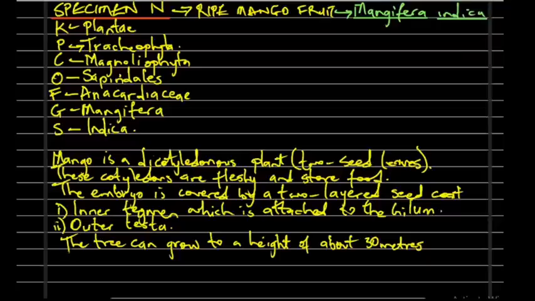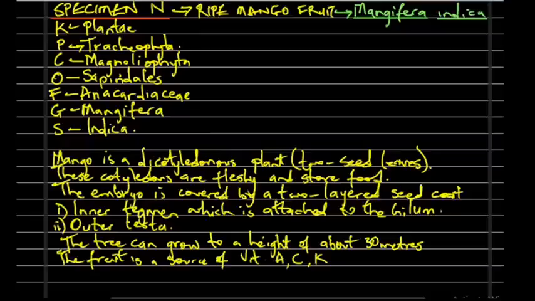The fruit is a source of vitamins A, vitamin C, vitamin K. We have other materials in it like potassium, like manganese. We have folate, choline. Okay, let me just list them. We have potassium.